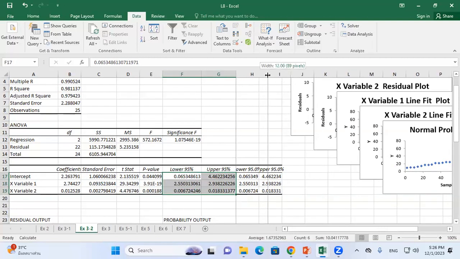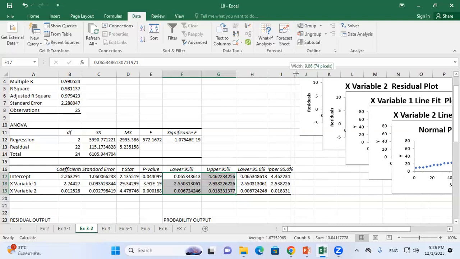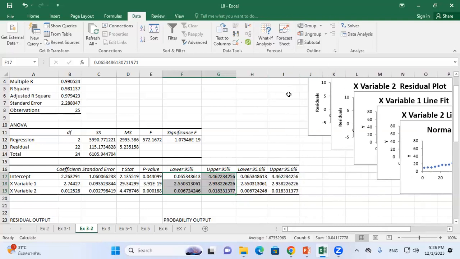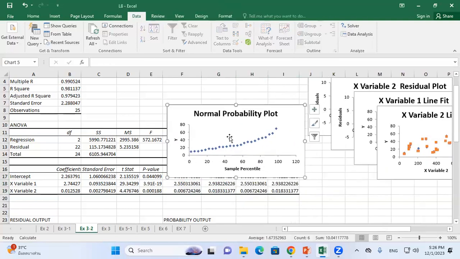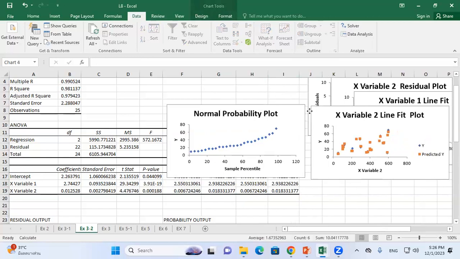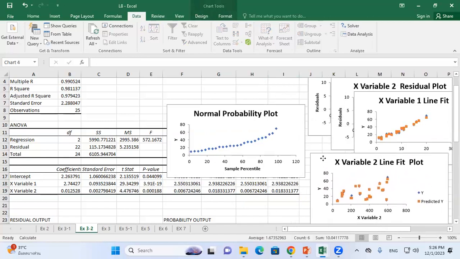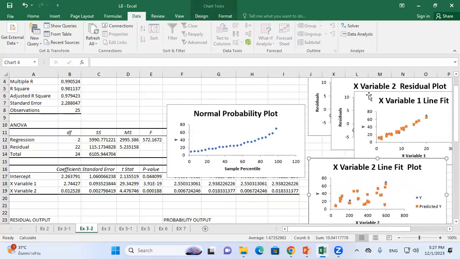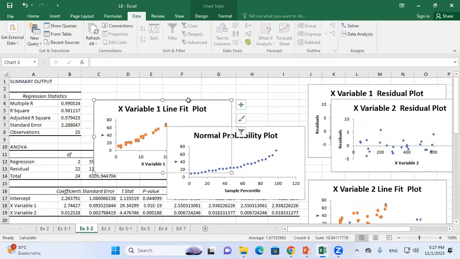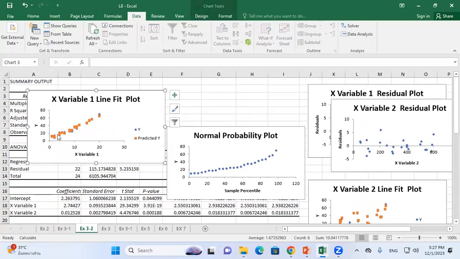This is the predicted value. The predicted value is from the fitting equation, and the normal plot is approximately linear. It's not perfectly linear, but it's close to linear. And then we got the y and x for this. This is the fit curve.